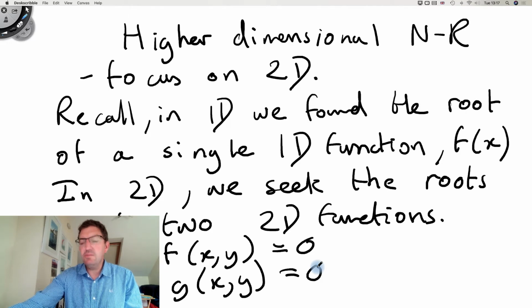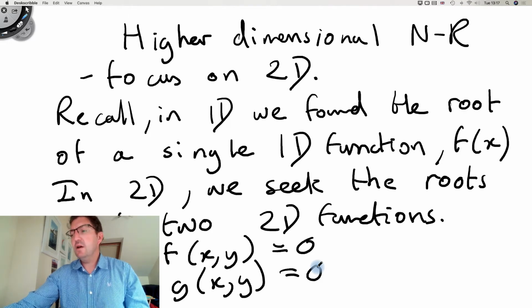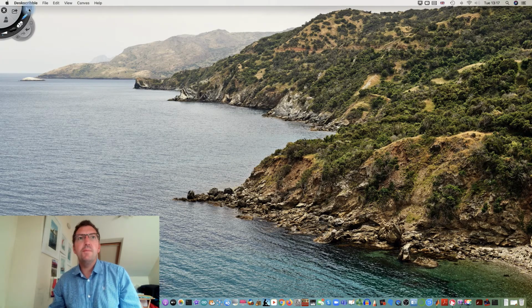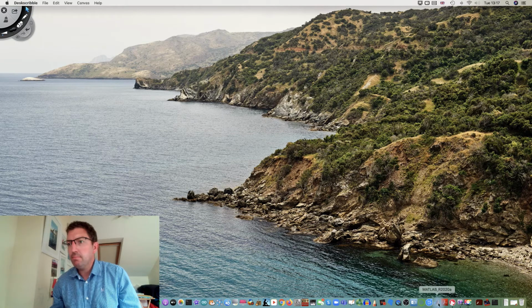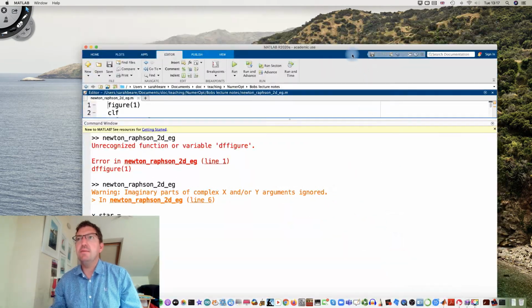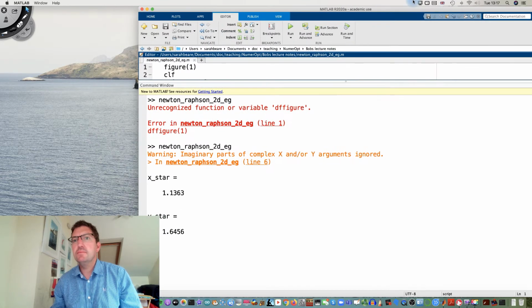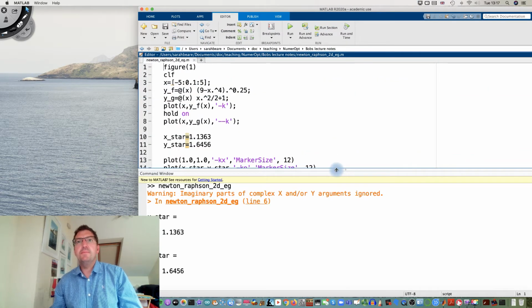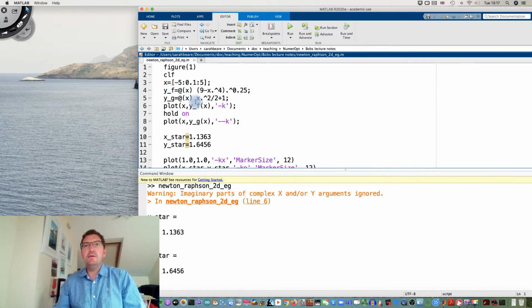Let me just show you the MATLAB figure from the notes. So let's just clear the board, go to the screen, get our MATLAB up. Okay, so here's our MATLAB. And in MATLAB here, I've got 2 functions, one for f and one for g. I've defined them.